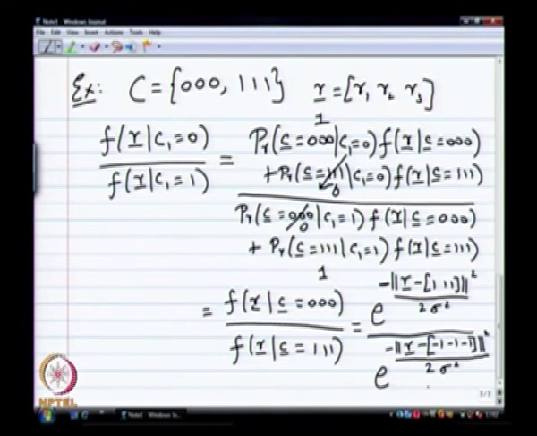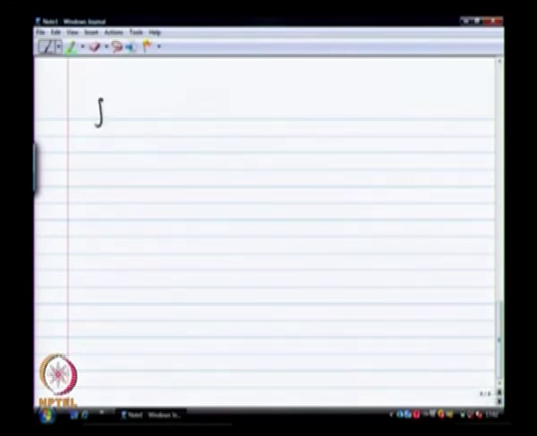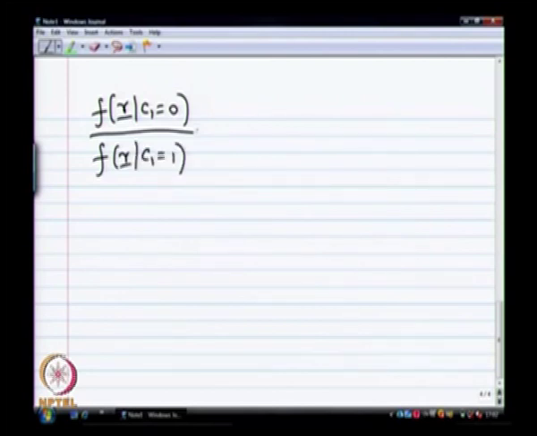In fact, we can simplify this a little bit more. After all, this is just a sum of squares. Let us see what you get in this case. You can show f of r given C1 is 0 divided by f of r given C1 is 1 will work out to e power 2 by sigma square times r1 plus r2 plus r3.